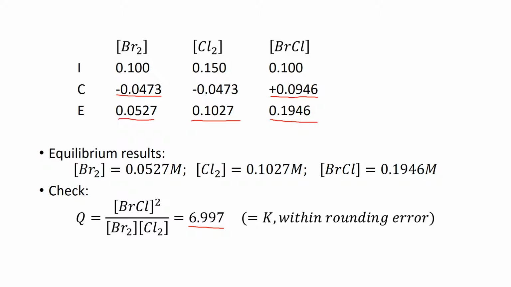I get 6.997, and if I round properly, this should actually be 7.00, which is the original given value of the equilibrium constant. So my solution checks out, and these would be the values of the reactants and products at equilibrium.